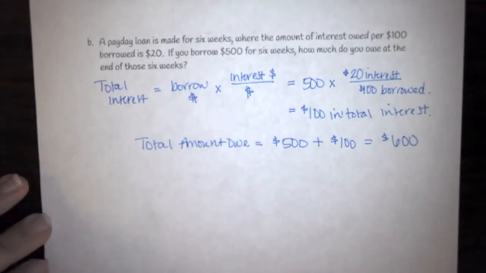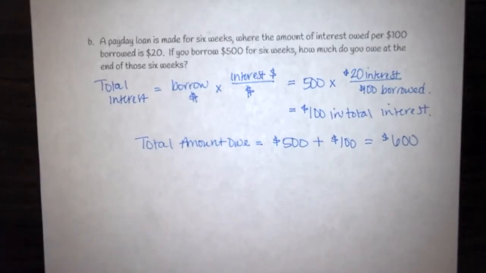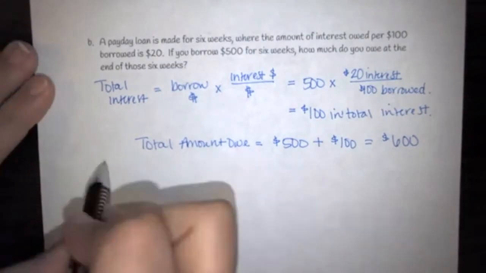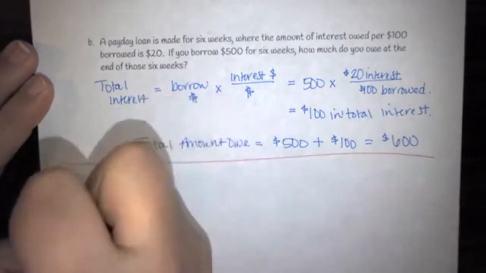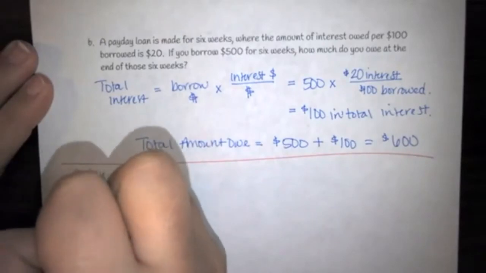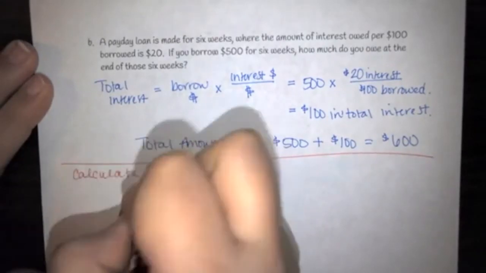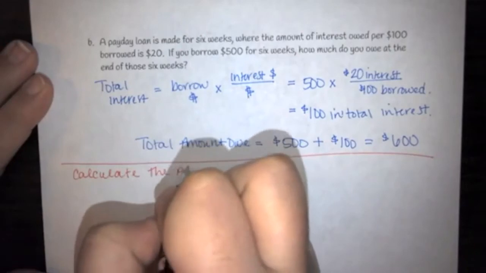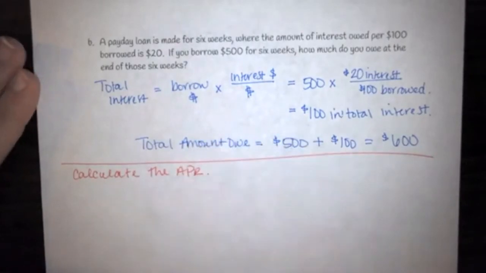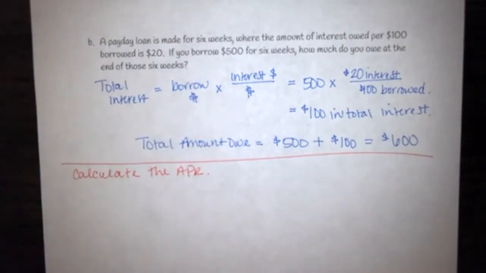Okay. Now, for fun, we could also have a sub-question for this one that says to calculate the APR. In other words, what actually was the percent of interest that you had to pay on this account?